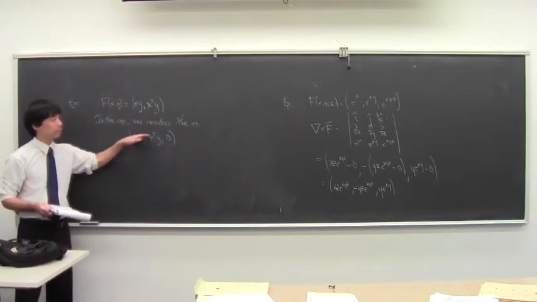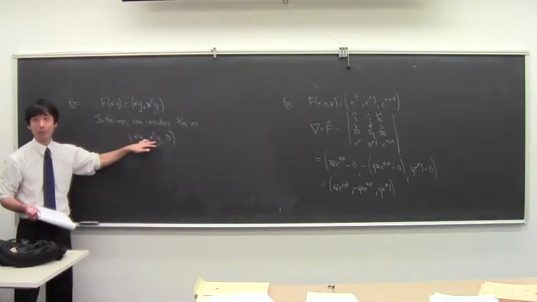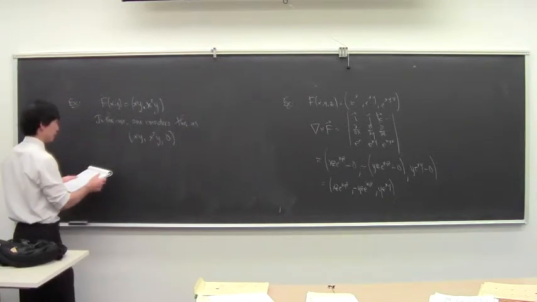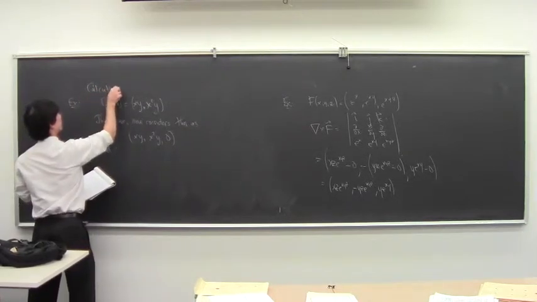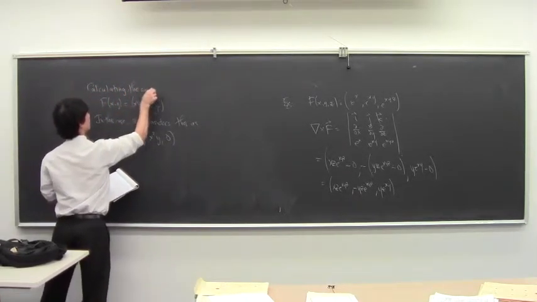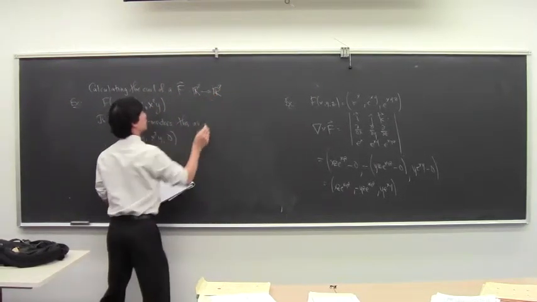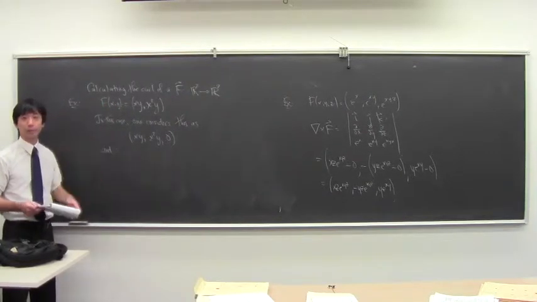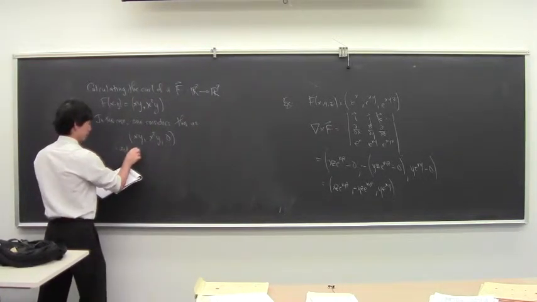So you basically embed the field into R3. You make an R3 field out of this field. You have this vector field on R2, you'd like to talk about its curl, so you embed it in R3 and then you take the curl as before.